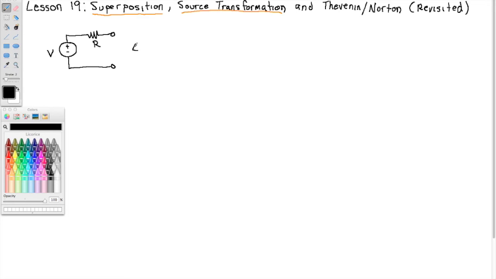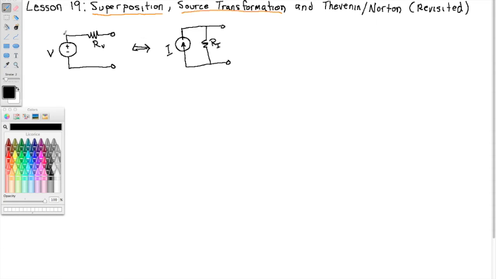And we asked the question, can I transform that into a current source in parallel with a resistor? Call this RV for the voltage source resistance, and RI for the current source.